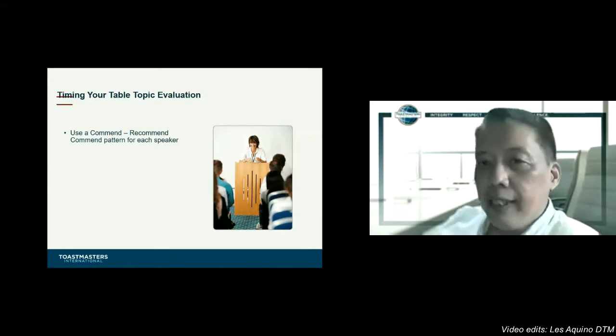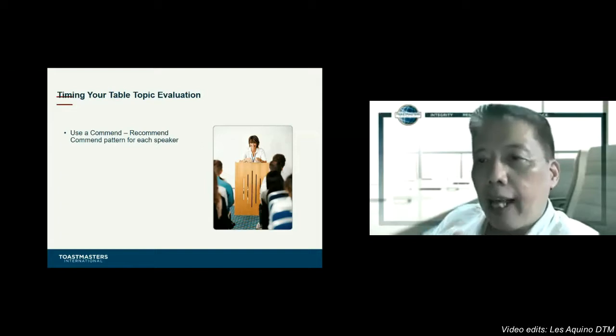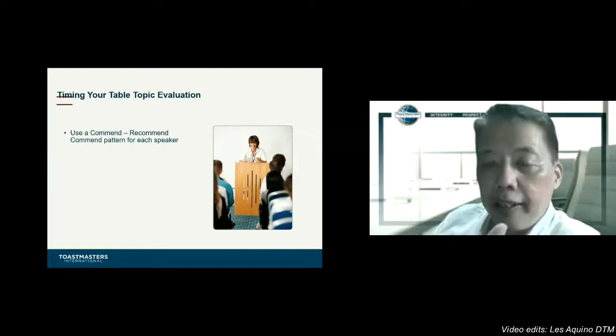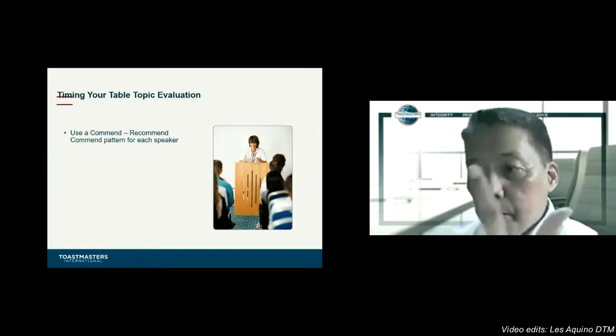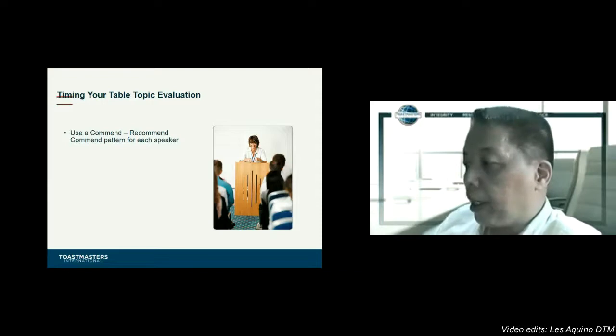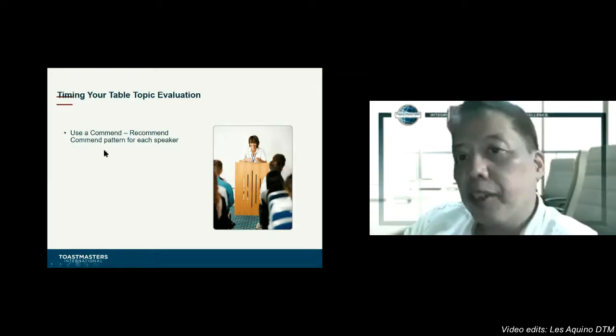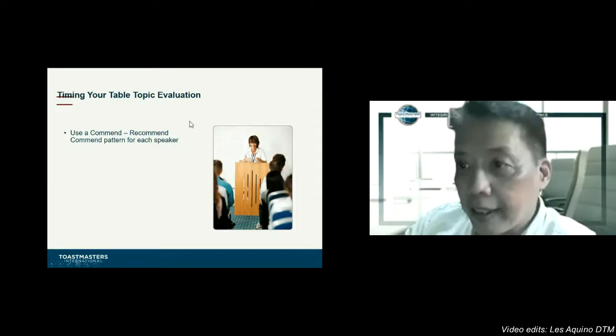This means you first talk about one good point that our speaker did. Then you follow it up with a recommendation. And then you conclude with another commendation which our speaker had done. Then, of course, you applaud their efforts and transition to the next volunteer.